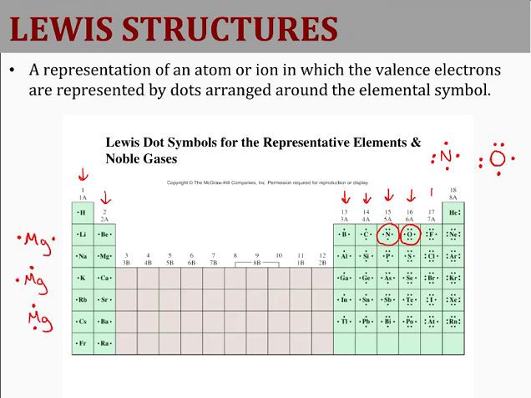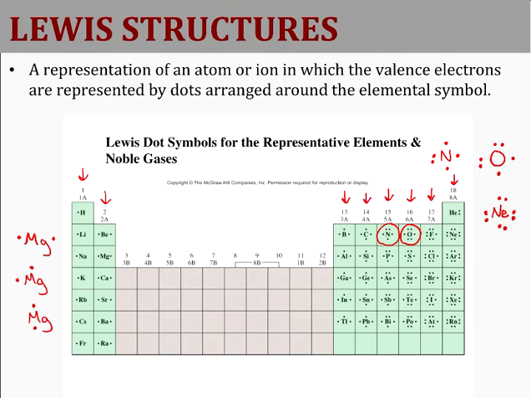In group 7A, we have 7 valence electrons, so 6 of those electrons will be in pairs and 1 will be by itself. And then in group 8A, we have our noble gases, and you'll notice that with the noble gases, we have electrons all paired up. So if we're writing this out, we have 1, 2, 3, 4, 5, 6, 7, and 8.